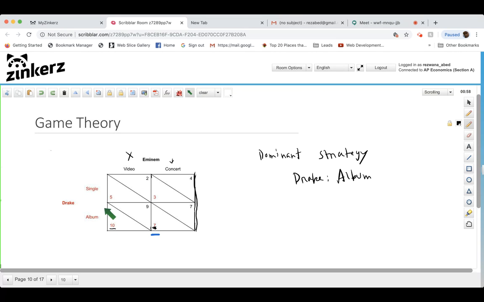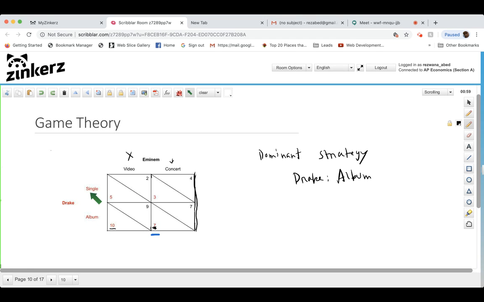Okay, and now we're going to switch perspective and look at it from Eminem's point of view. So now if we are Eminem, we are deciding whether to produce a video or to do a concert. And we're going to have to, of course, take into account what Drake is doing.